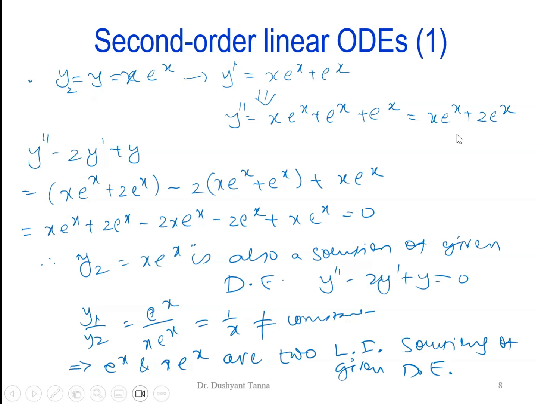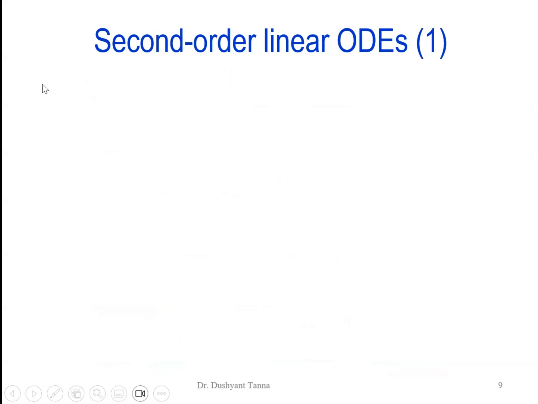Now, what we should do, the question says, find out YH. How do we find out YH? YH is C1Y1 plus C2Y2, right?